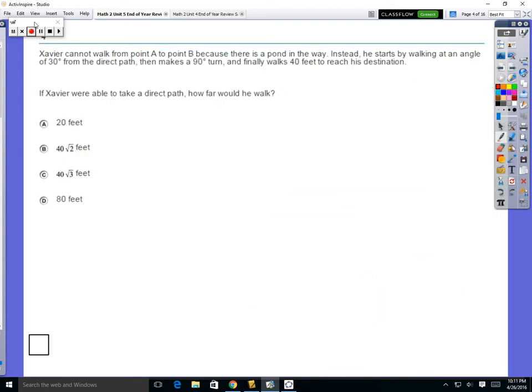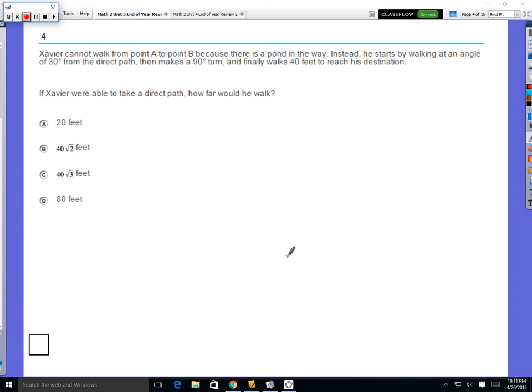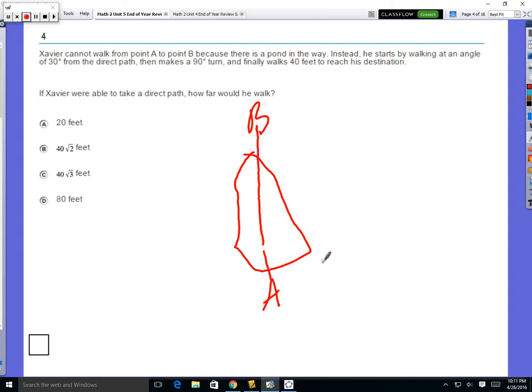Okay, number 4. Xavier cannot walk from point A to point B because there's a pond in the way. So here's A, here's B, here's some pond. From A to B, that's the direct path. He can't go straight there because there's a pond, so he starts walking at an angle of 30 degrees from the direct path.